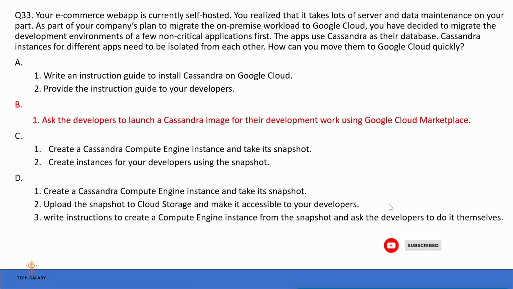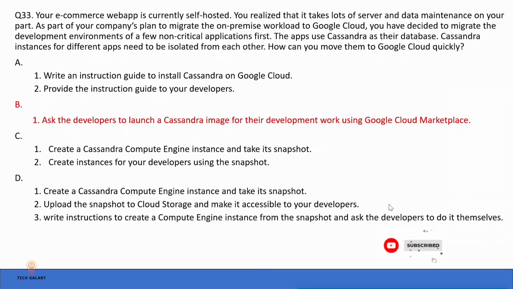Now let's take a look at option D. Create a Cassandra compute engine instance and take its snapshot. Upload the snapshot to cloud storage and make it accessible to your developers. Write instructions to create a compute engine instance from the snapshot and ask the developers to do it themselves. Again, this option is time consuming.